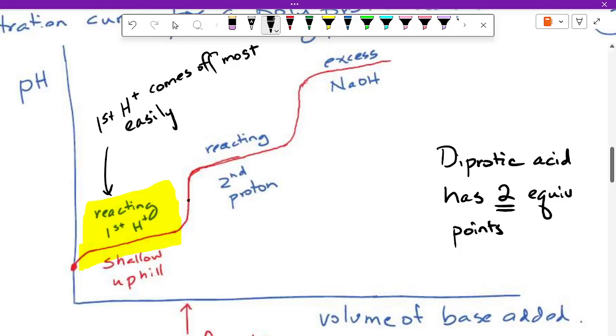So right here, that is our first equivalence point. And you could find Ka of the diprotic acid at the half equivalence point.